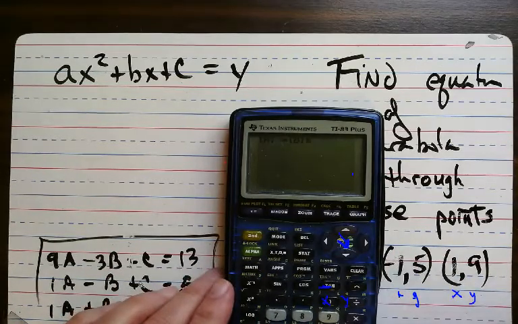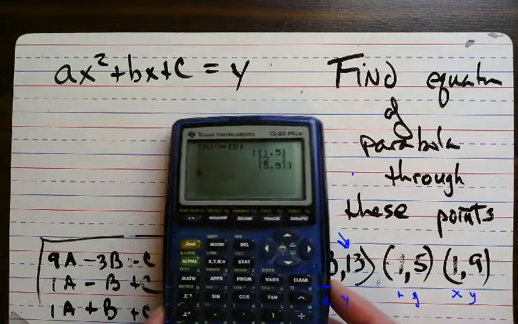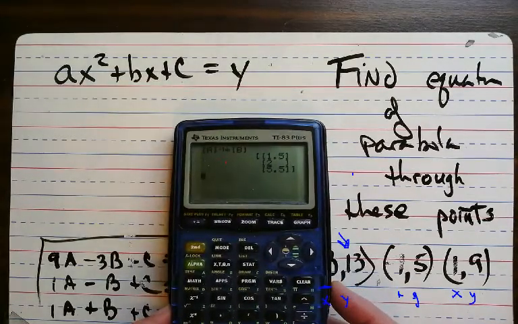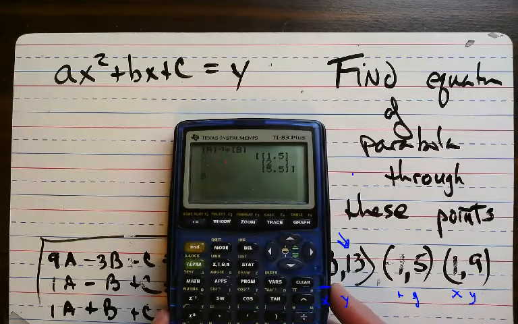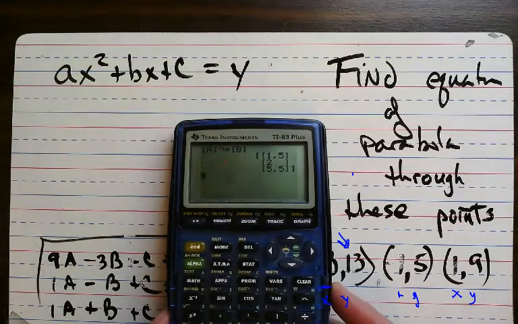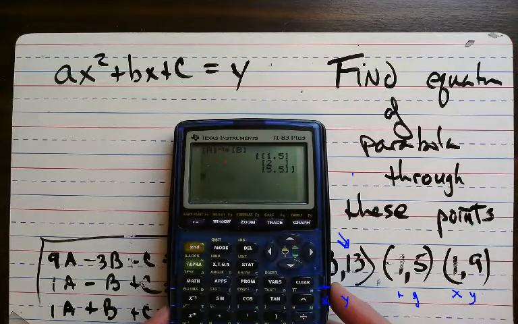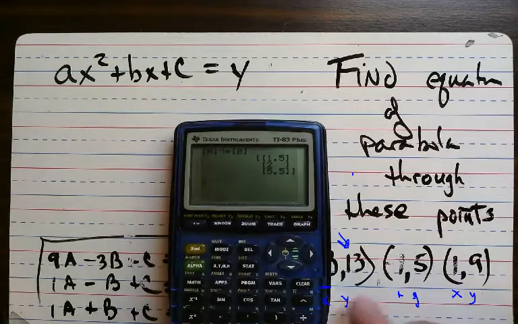Remember how we solve it is we do A inverse, so I have to do A, then hit the -1 key, then times matrix B. So, what do we get? We get 1.5, 2, and 5.5. A inverse times B gives you the values for each of these things.